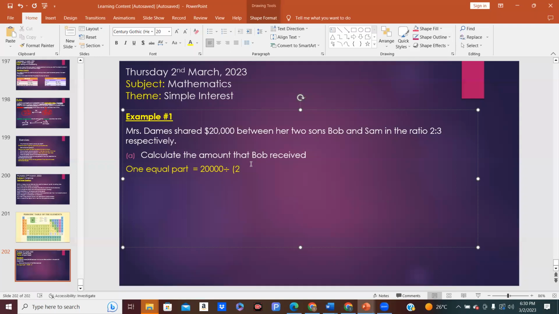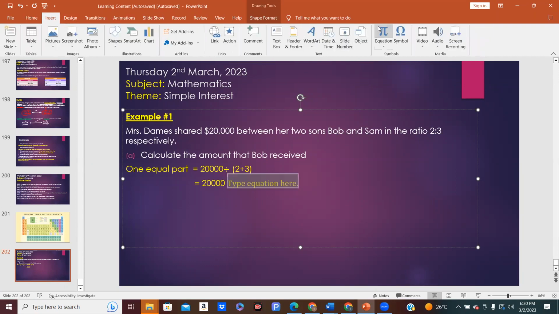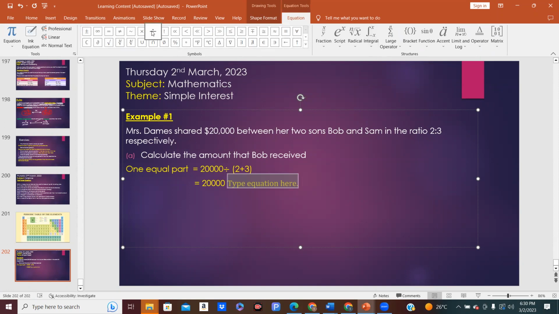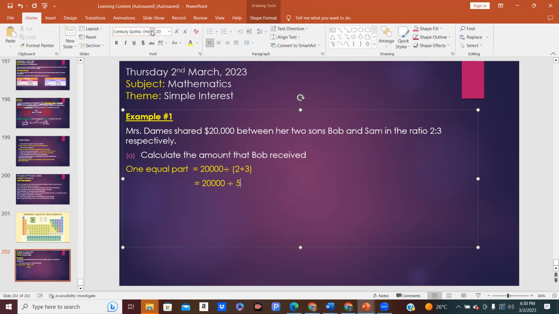We're trying to find one equal part, so you take 20,000 divided by the sum of 2 plus 3, which is 5.